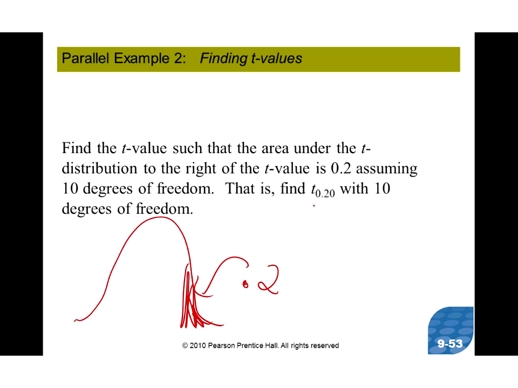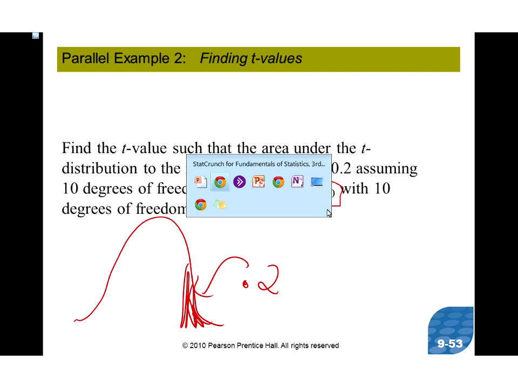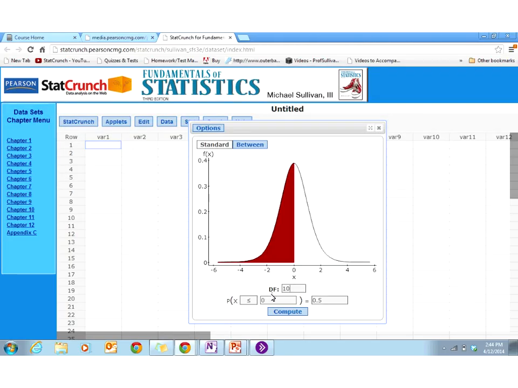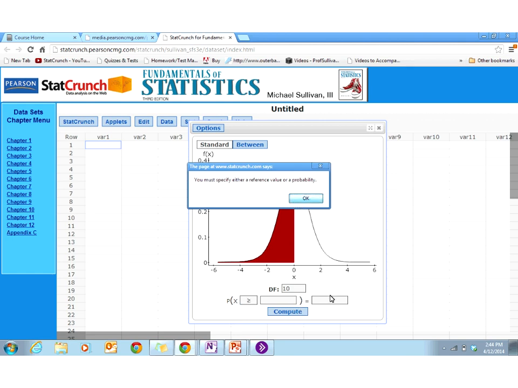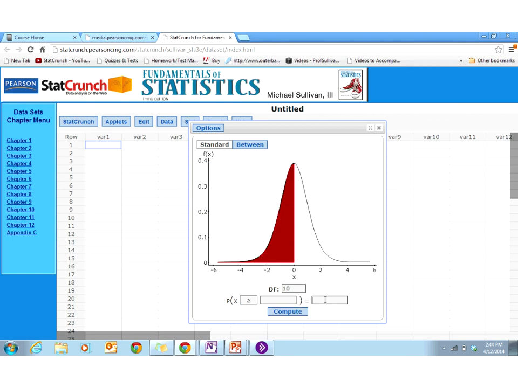We want to find the t-value which corresponds to an area in the right tail of 0.2. What you do is what we did in the last lecture. Area is going to be greater than or equal to, I'm going to put something in here, otherwise you're not going to know what to do, 0.2.